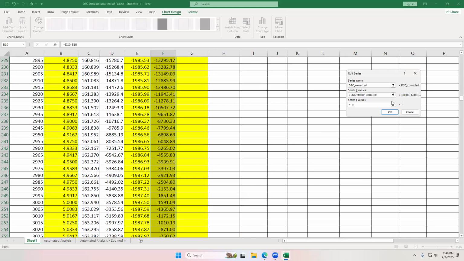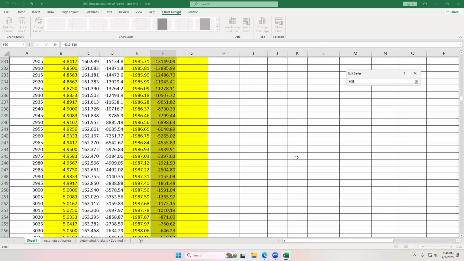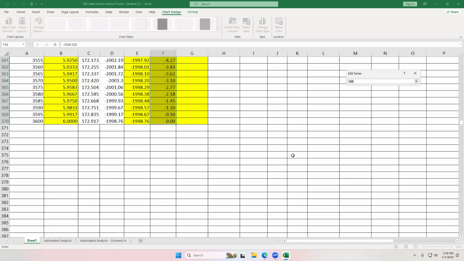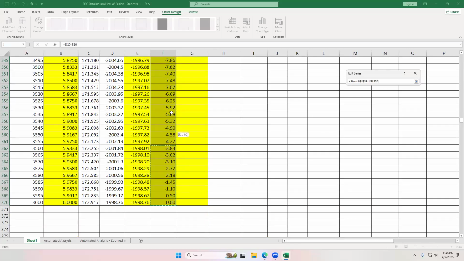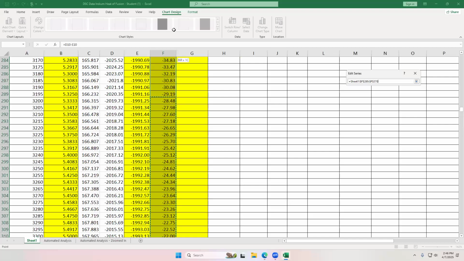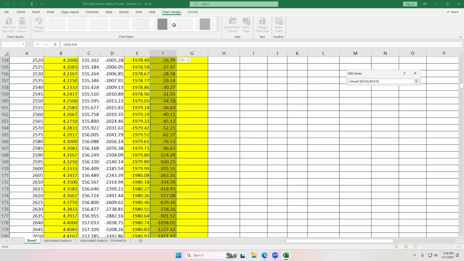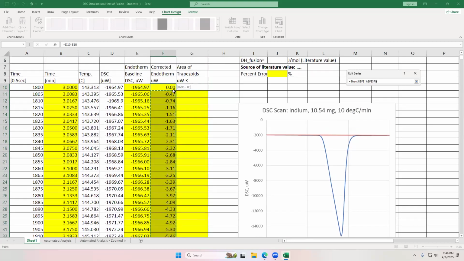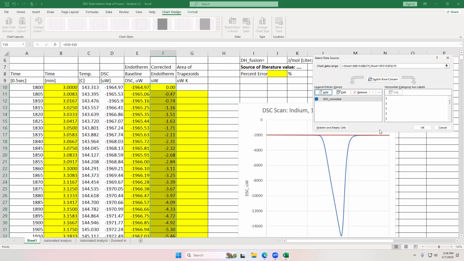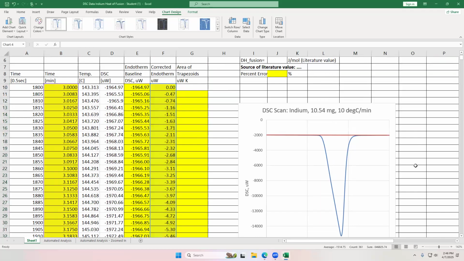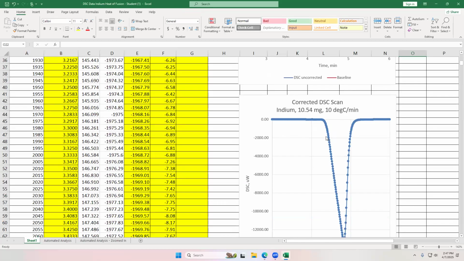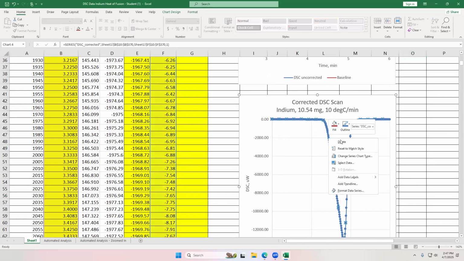And then our Y values would be column F this time. Okay, and then OK. And you can see that's what it looks like. It now goes to 0, right?